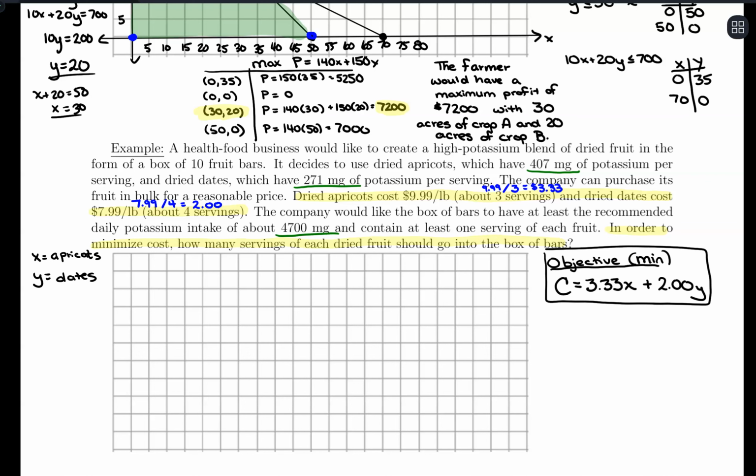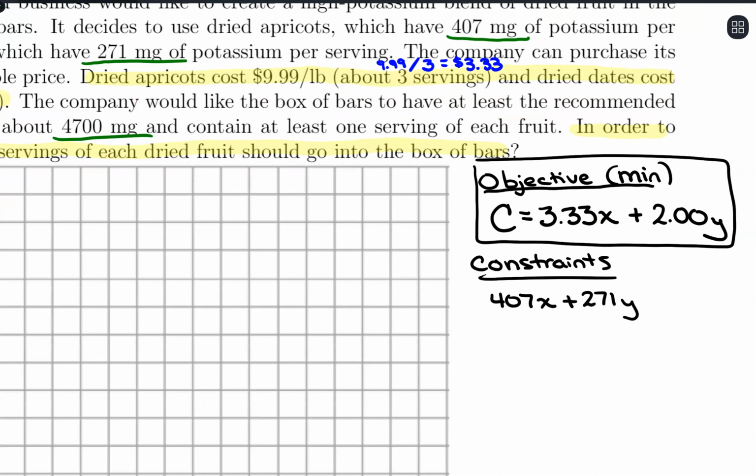So I'm going to write that out right now. For the potassium constraint, we have 407 coming from apricots, plus 271 coming from dates, and we want at least 4,700. So 407x plus 271y is greater than or equal to 4,700.